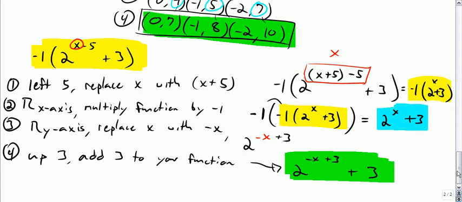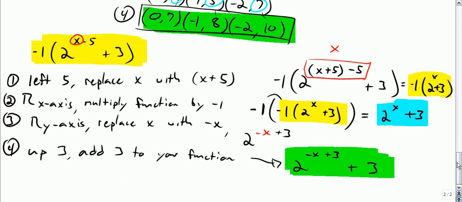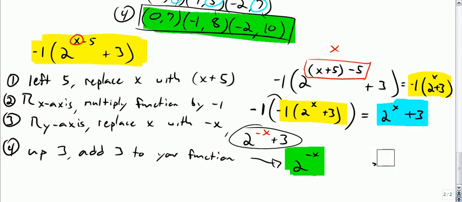That was my mistake. Okay, so now I'm on step 3. Reflect over the y-axis. Replace x with -x. So this plus 3 should go right there. So I fixed this one now. And then up 3 is just add 3 to that.